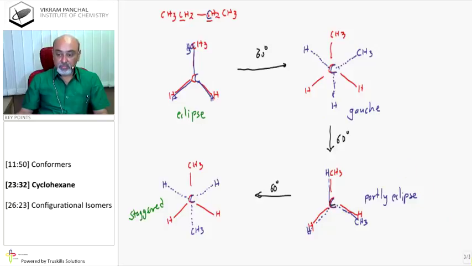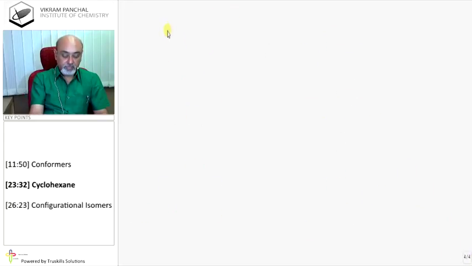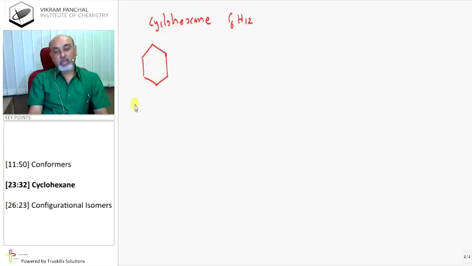Similarly, we can have conformers in cyclohexane also, which is C6H12. Practically, we draw the structure of cyclohexane like this, a hexagon, which is not possible. The reason is, each carbon on this hexagon is attached to 2 hydrogens and 2 carbons. So each carbon is sp3 hybridized.